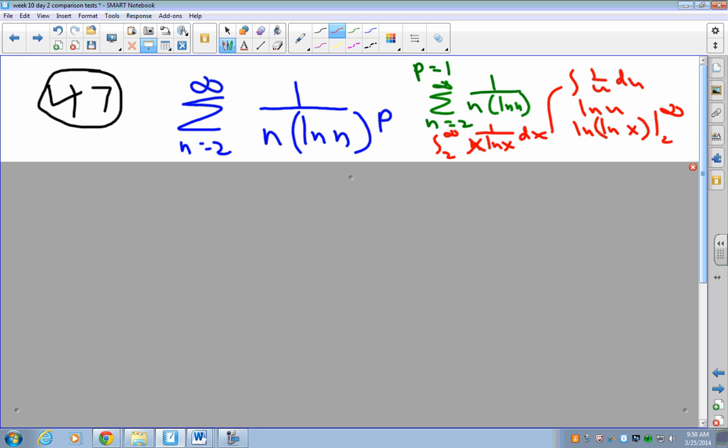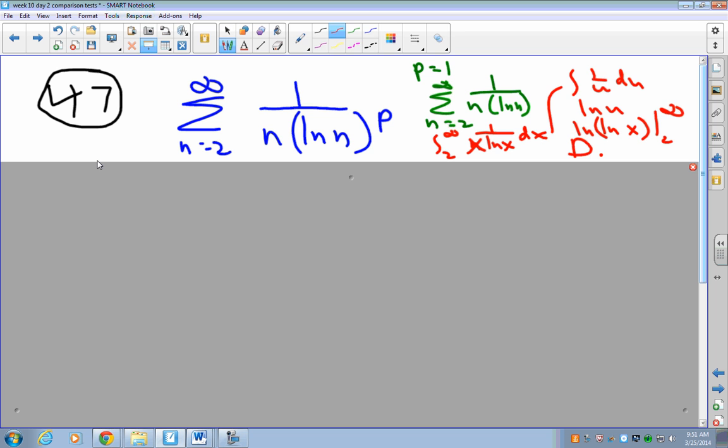What happens? Diverges. What's ln of infinity? Blow up. So what's ln of a blow up already? Blow up. So this diverges. So can p be 1? No. If p's 1, that integral blows up, so it won't work.